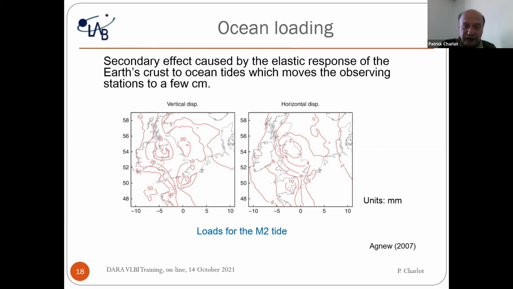And so this moves the observing stations at the level of a few centimeters. So you need to account for this, and this depends also on whether your sites are close to the ocean or further away.